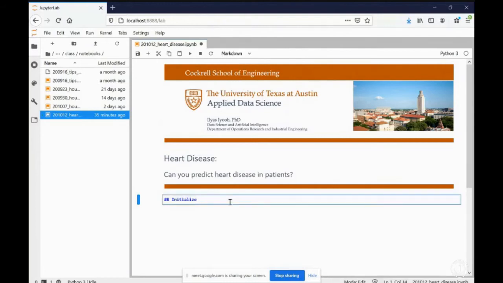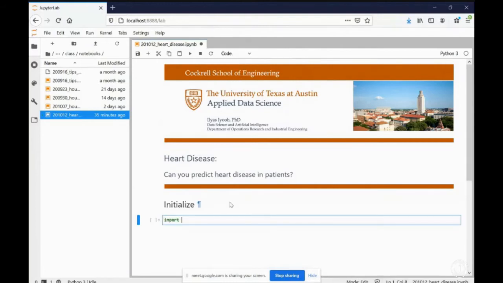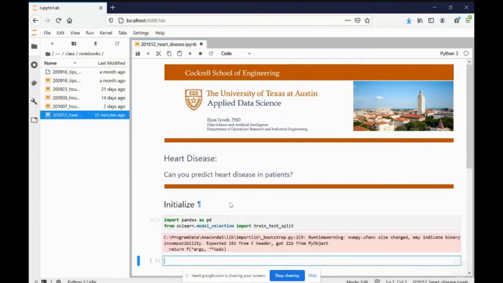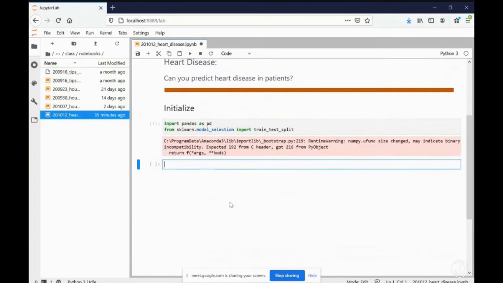Typical libraries we have: we've got pandas, and let's also bring in the train test split from model selection. Okay, we'll bring in the other libraries as necessary.